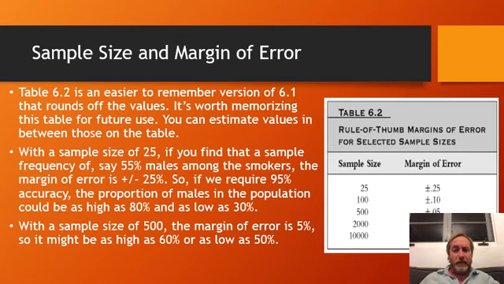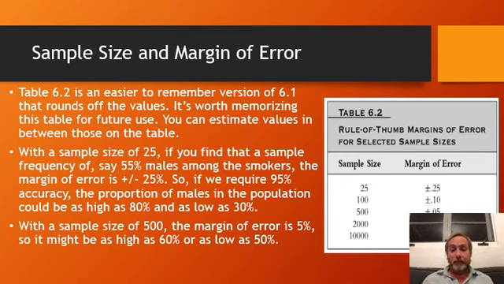So if you get a sample size of 25, for example, and you find a sample frequency of, say, 55% males among the smokers you sample, well, the margin of error is plus or minus 25%. So if you want 95% accuracy, what you're saying is the proportion of males in the population of smokers is somewhere between 30% and 80%, a very wide margin.